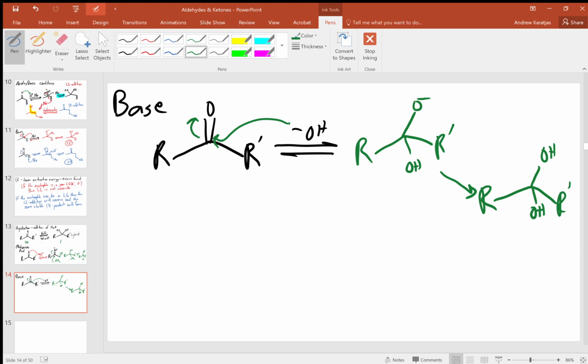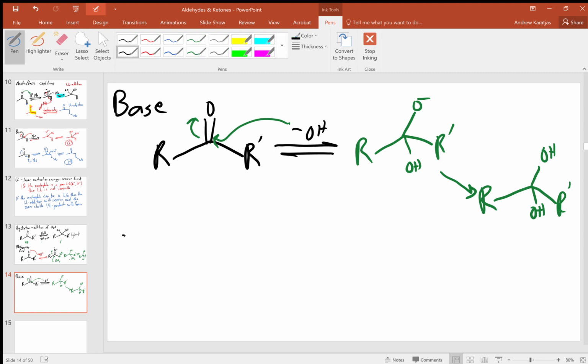Now, as we said, this reaction is generally not favorable, and only under very specific conditions do we see this reaction working well. But we've actually already seen a good example of that. In fact, we saw it in the alcohol chapter.